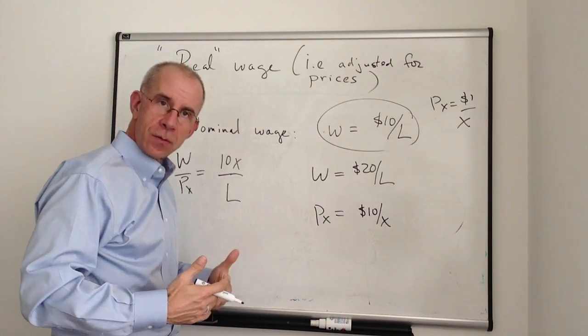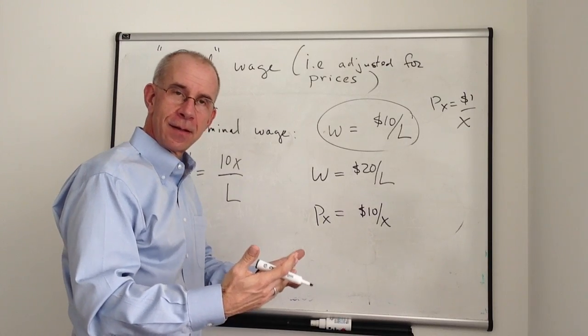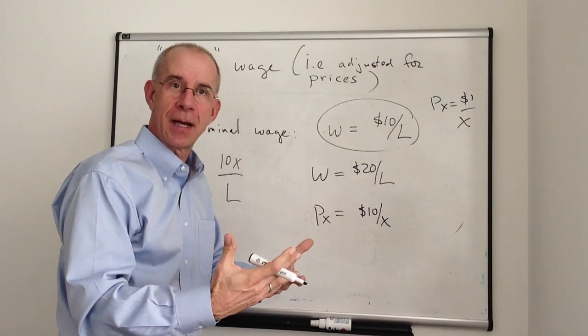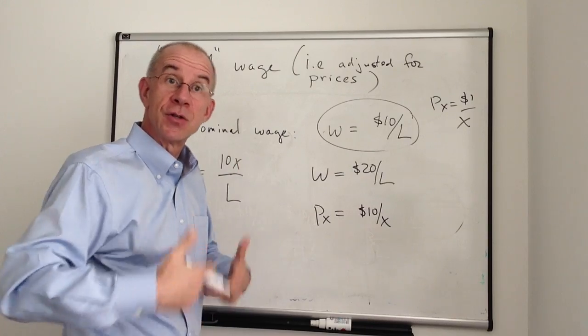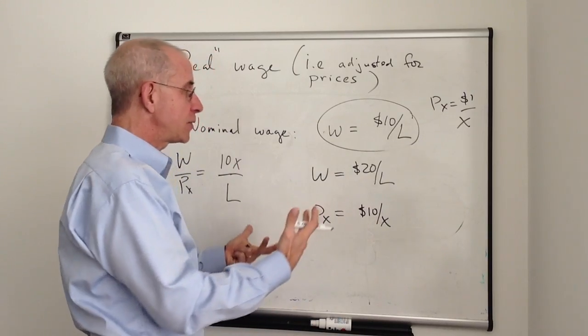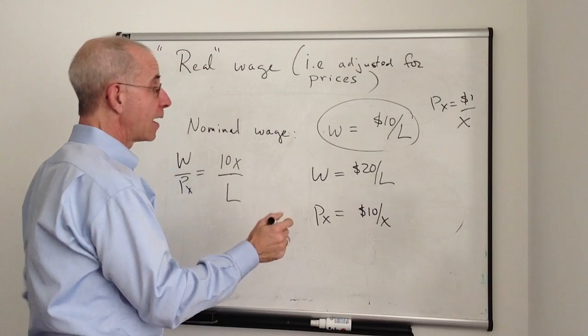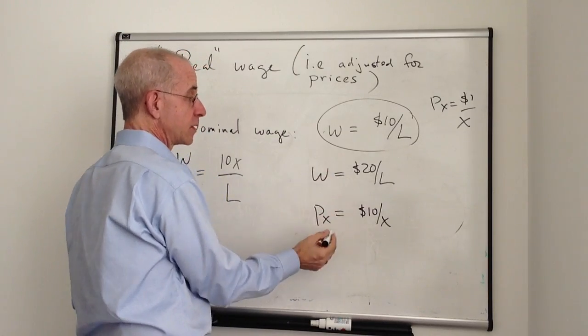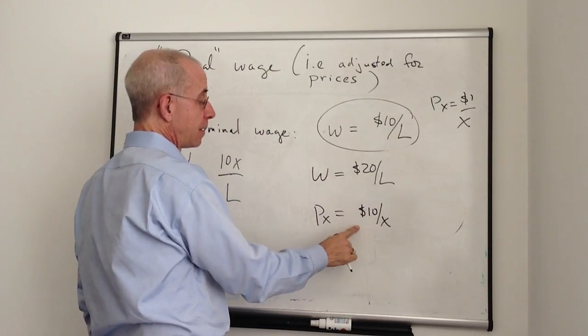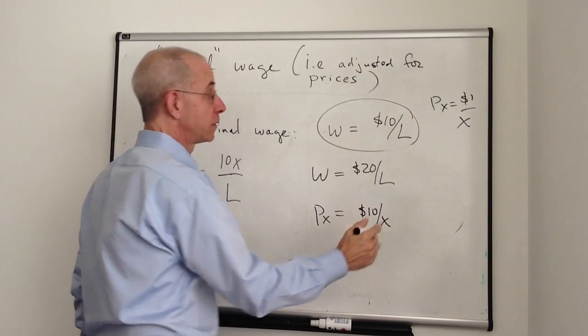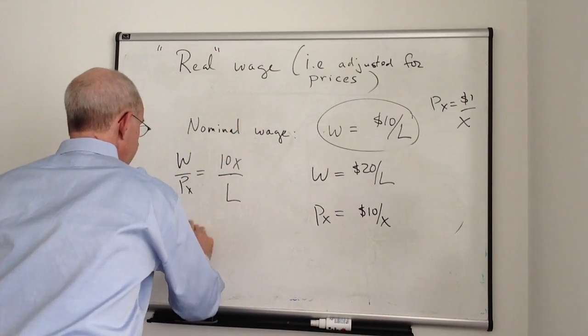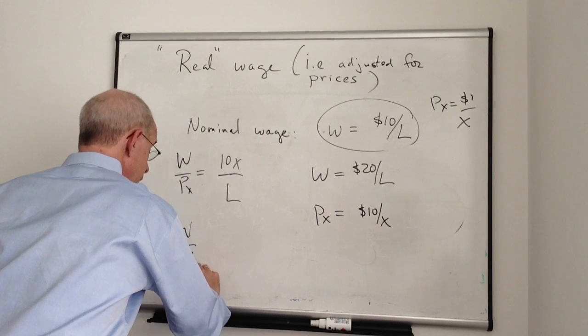But it's important to note whether or not it's risen in purchasing power, in your standard of living, given the price changes. So under this new circumstance, where the wage is doubled but the price of X has gone up tenfold, we now have a real wage.